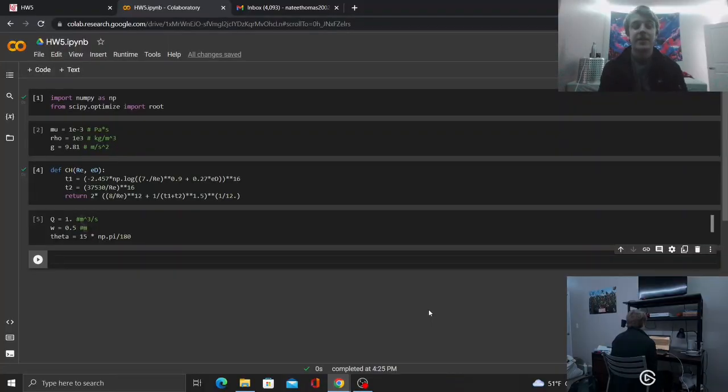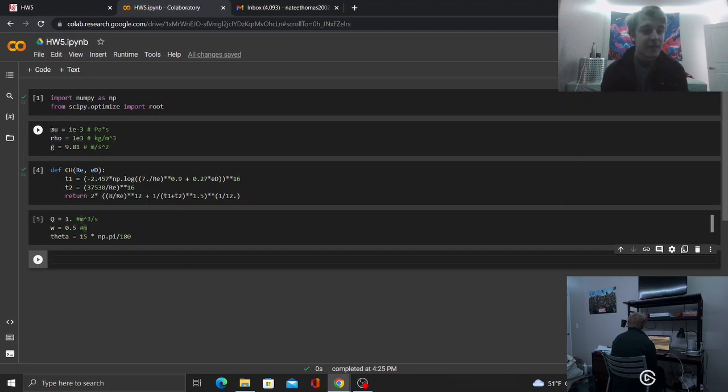So now we can start actually solving for our height of this rectangular channel. So as you can see here, I've already imported NumPy and imported our root solver from SciPy Optimize. I've also already typed out the Churchill equation, which we've done in a previous video.